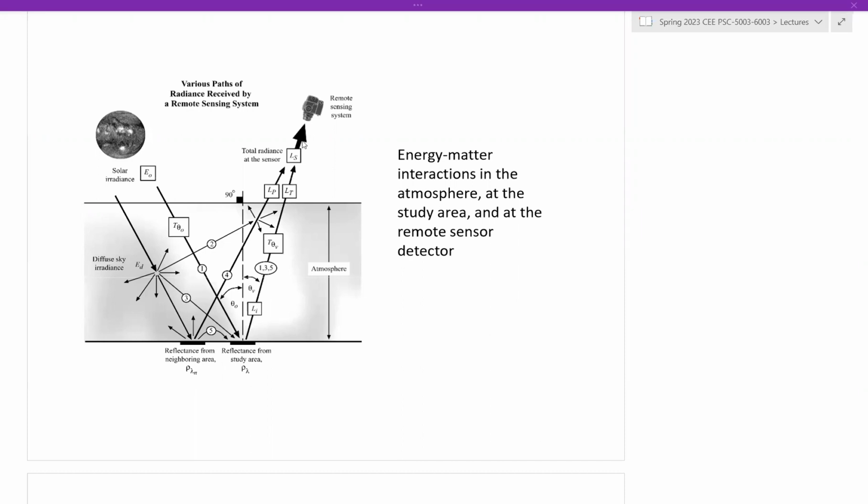Okay, so if I do the math, I will say, oh, I got 60 and the sun is producing 100. The ratio is 0.6, and that is a wrong ratio.